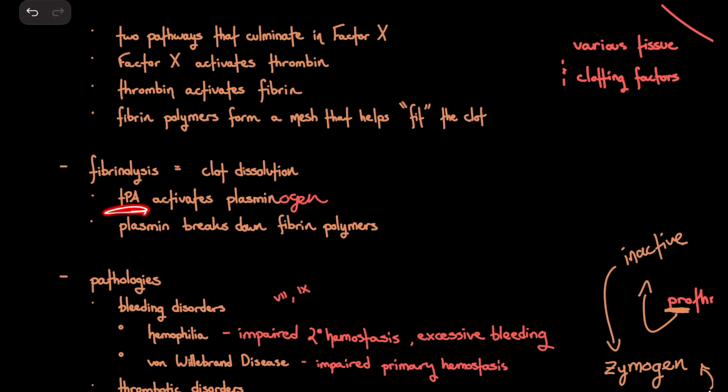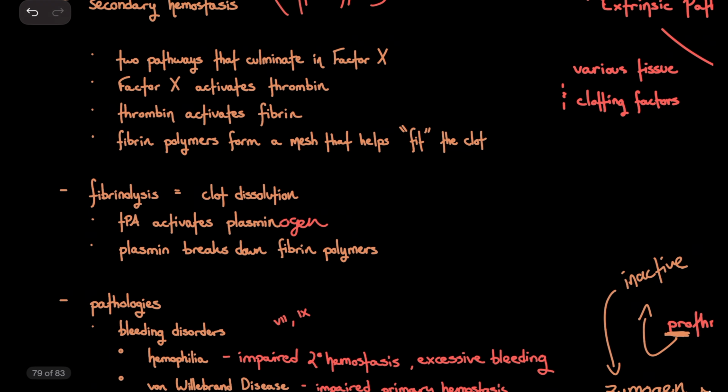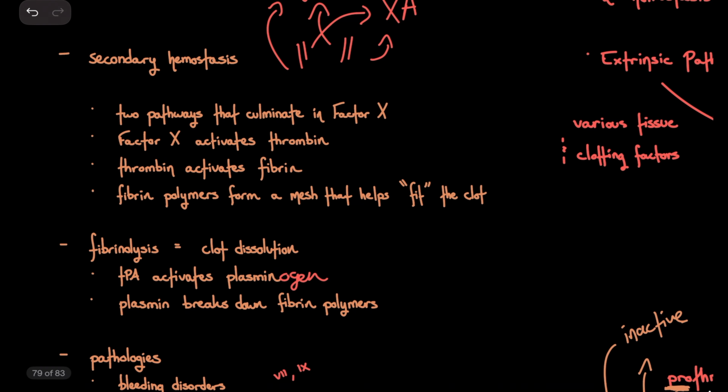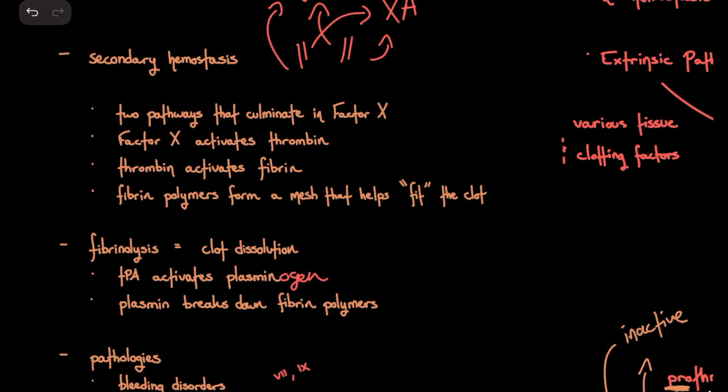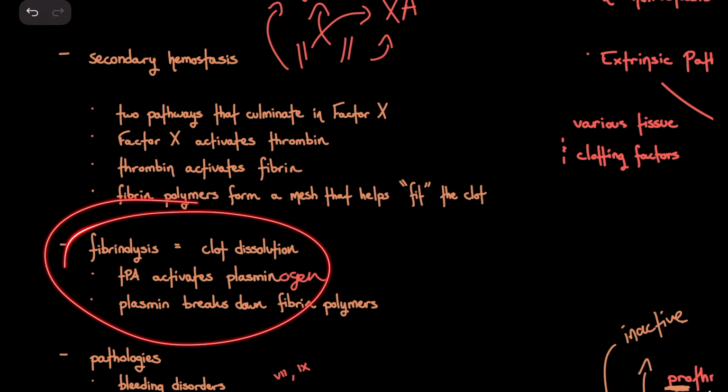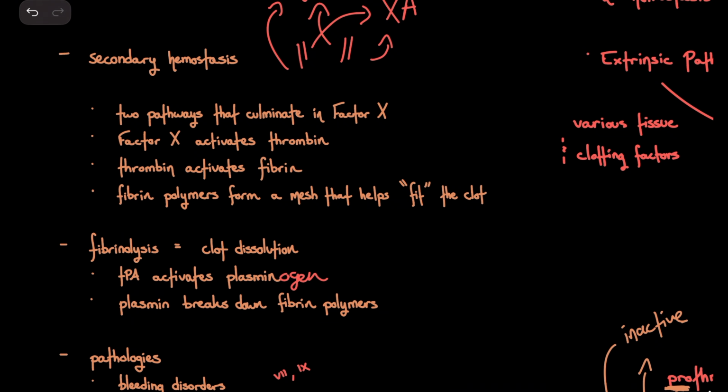You have TPA floating around just as much as you have like factor X floating around. You have these compounds floating around, so there's constant tug of war, but it depends on the supply and demand. If I'm actively bleeding out, well, then this pathway is going to beat out this pathway, right? If I'm no longer hemorrhaging, then the fibrinolysis is going to win and break down that clot.